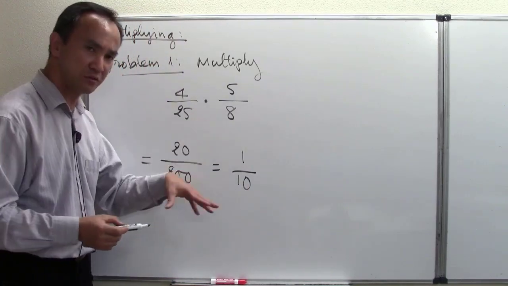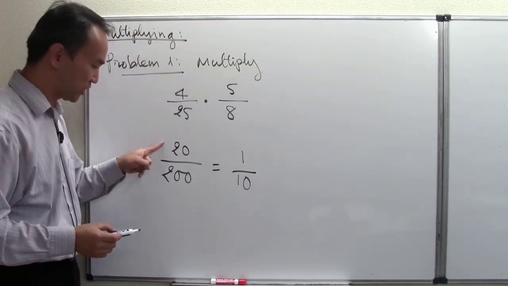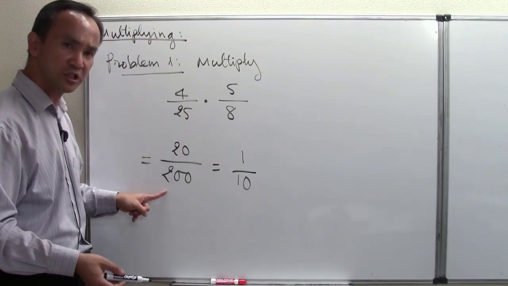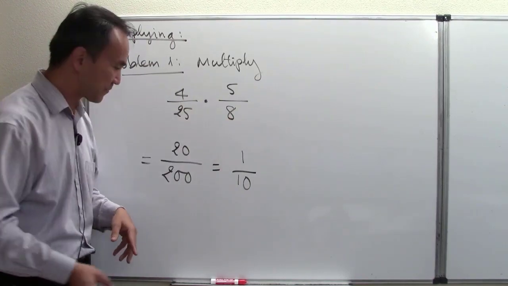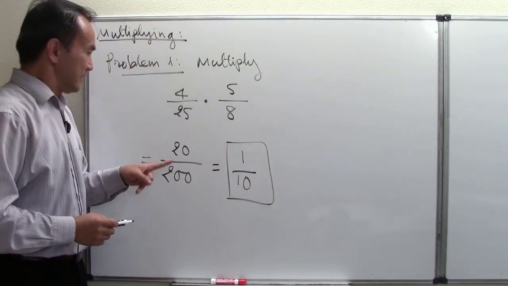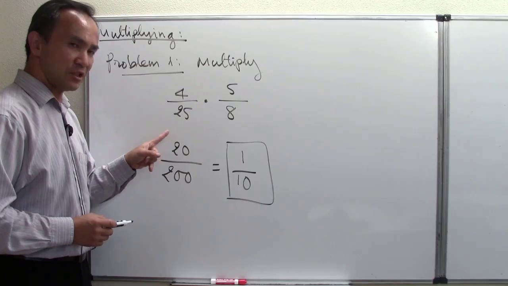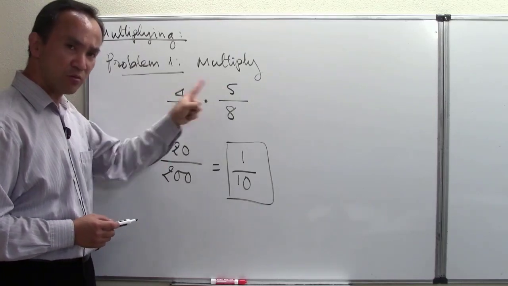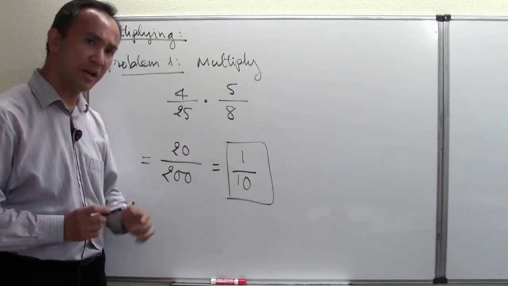Allow me to skip the little steps here. Of course, we have to write 20 and 200 as products of prime factors, and after canceling, we arrive at 1/10. So the fundamental is multiplying numerator with numerator, denominator with denominator.